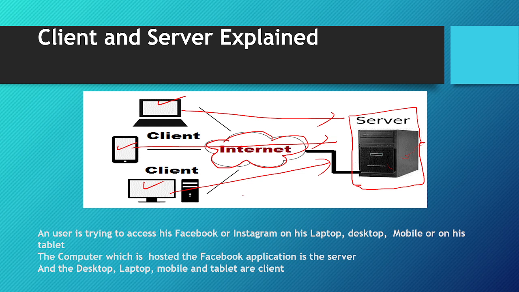So this is how the client and server architecture is connected. Client means he is a consumer, server means he is a server. Both the client and the servers are interconnected between the network. That network can be the internet, or a local area network, or a private network. That is what we call the client and server architecture.